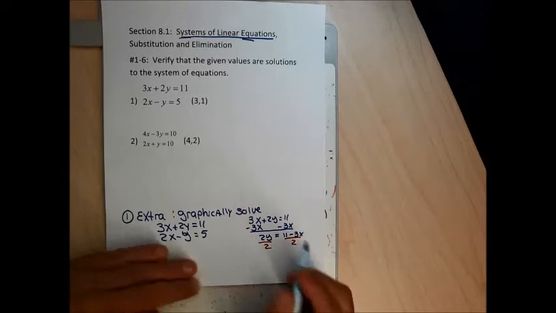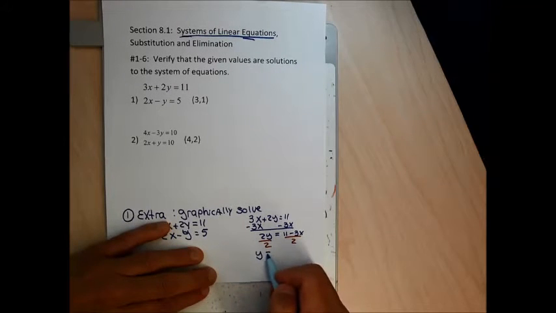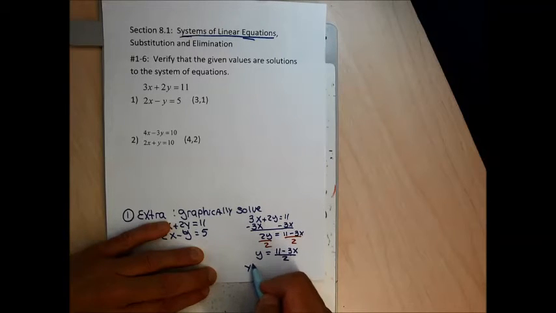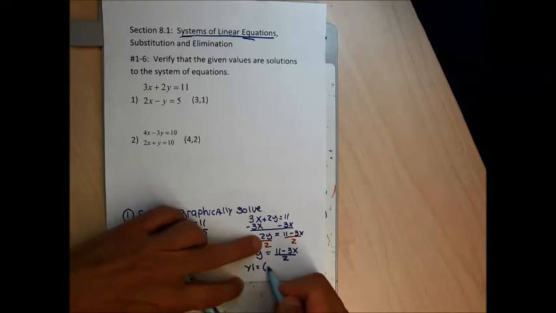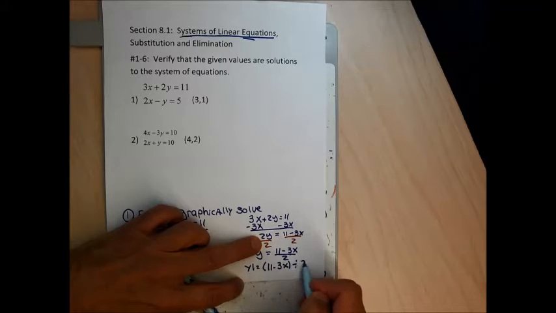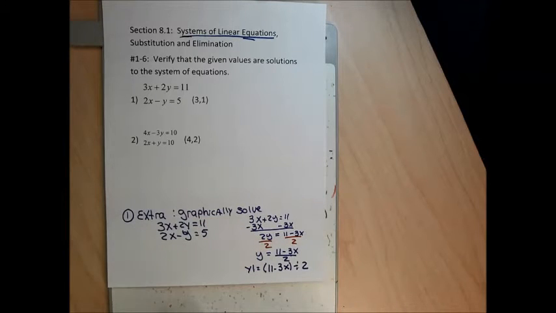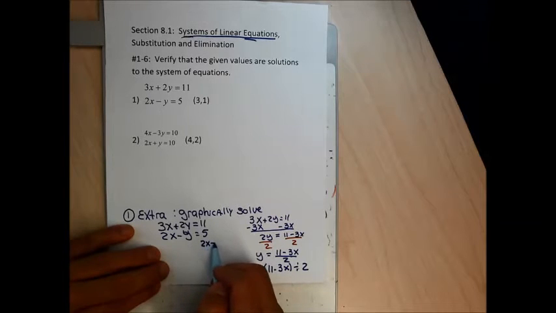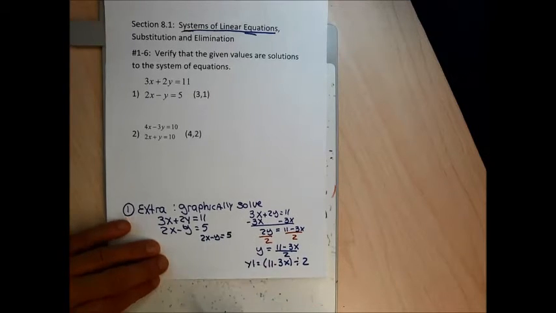And on my calculator, I'm going to enter y1 equals 11 minus 3x in parentheses and then divided by 2. For the alternate equation, the 2x minus y equals 5, the nicest way to solve it for y, because if I'm going to solve graphically and use my calculator, my calculator needs an equation solved for y.